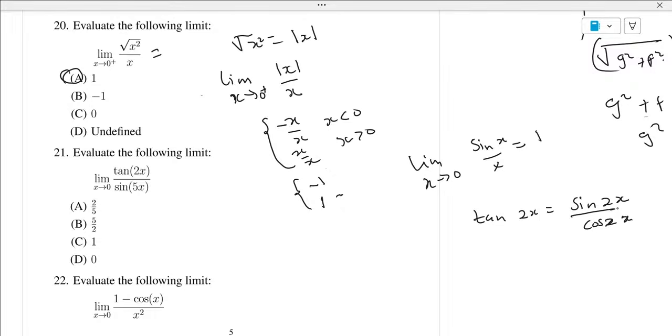So in that case, what happens to our equation here? We will have sine 2x over cos 2x divided by sine 5x. So let me write it this way so that you all know how it looks.